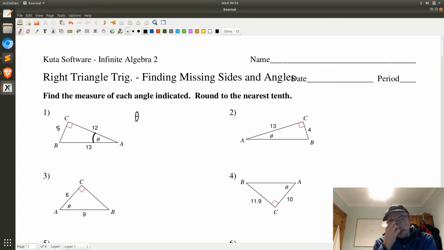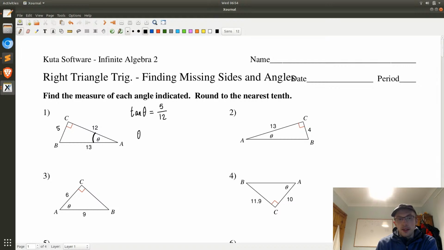what do we do? Well, in this case, you can do almost anything that you want, right? I'm going to use the tangent function. So we know that the tangent of theta equals 5 over 12.